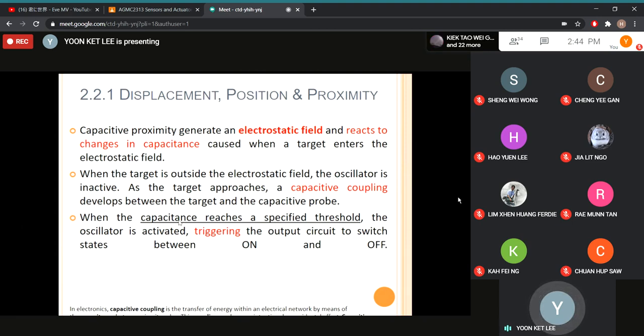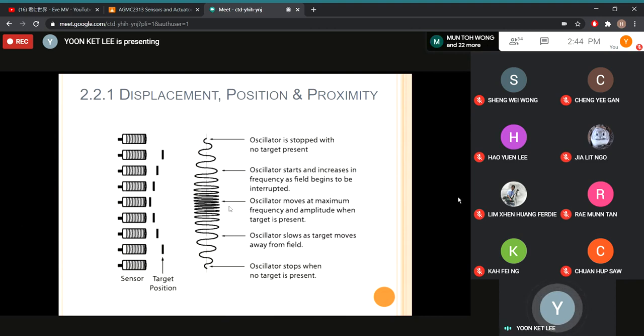When the capacitance reaches a specific threshold, the oscillator is activated, triggering the output circuit to switch the state between on and off. For example, like this. Okay, this is your object. How close is your targeted object? If the targeted object is very close like this one, then you will have this type of oscillation, and this oscillation is maximum.